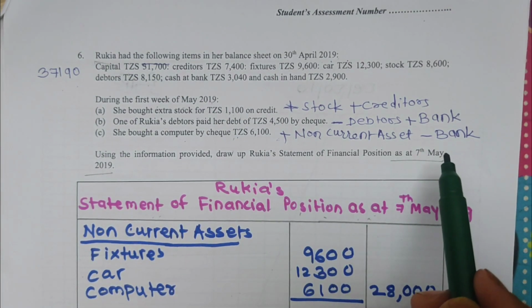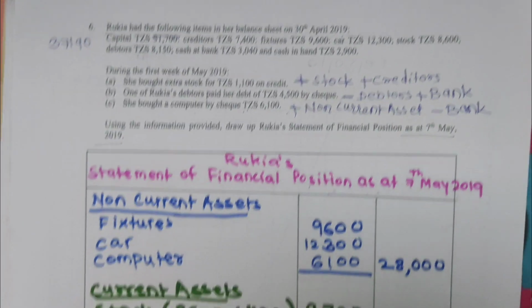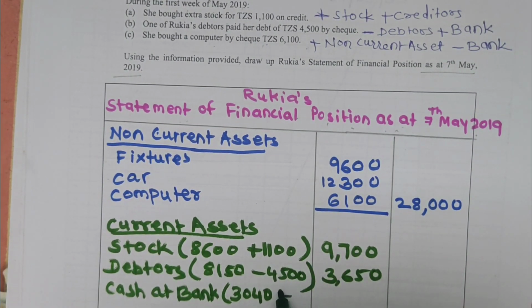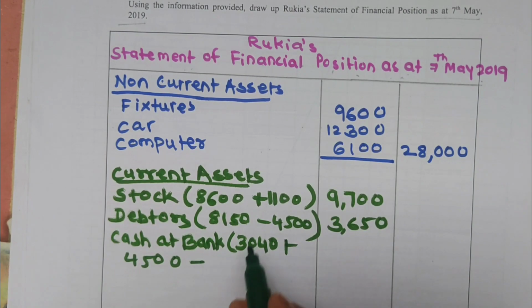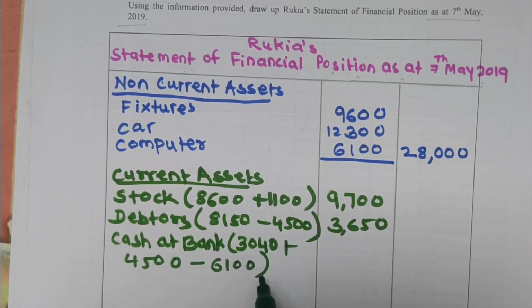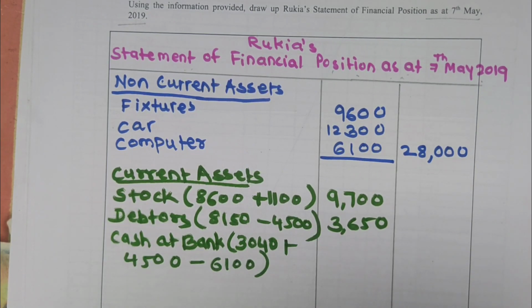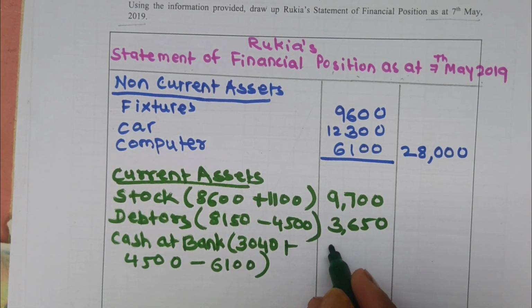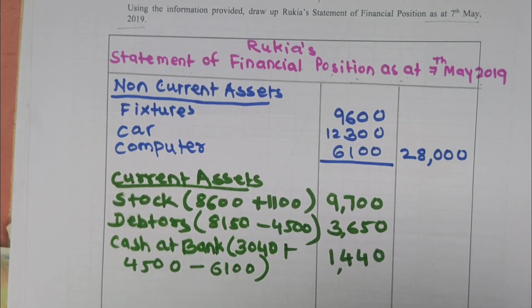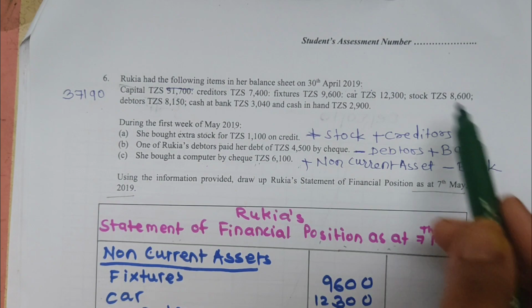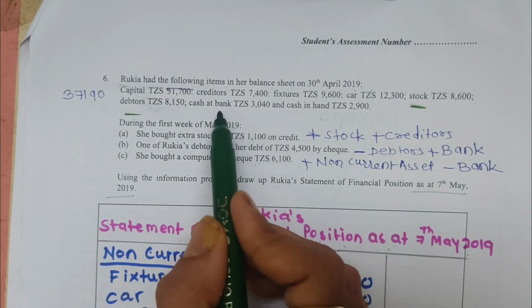So we have to deduct this amount for the computer. So in the 3040, add 4500 and minus 6100. So when we give this effect, then the amount of the bank is 1440.